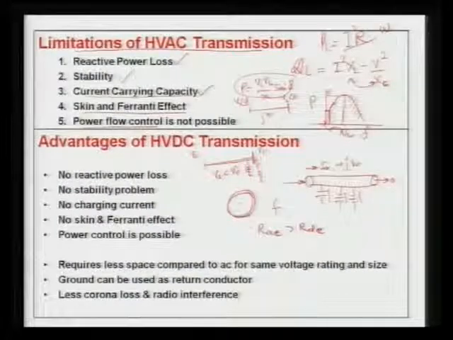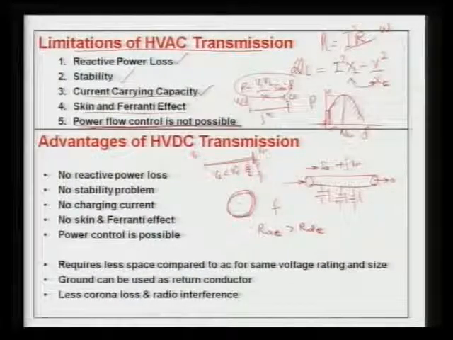Another major concern here is that power flow control is not possible. By power flow control, I mean that we want to control power flow in a smooth manner. Sometimes we also want the power to be reversed from one direction to another, which is not feasible in the AC system unless you put in another device.